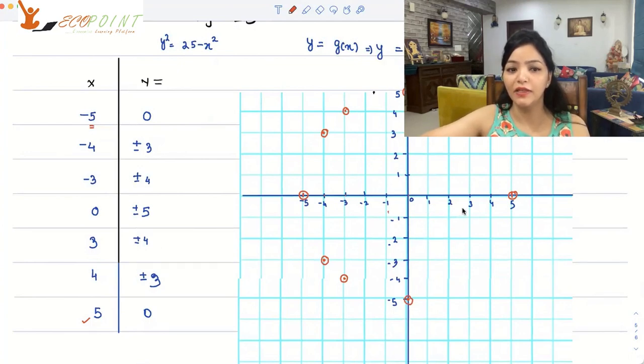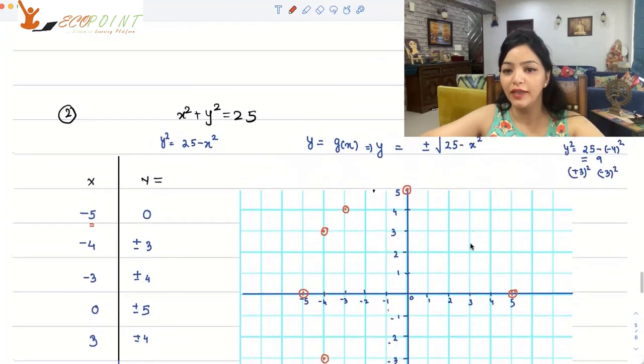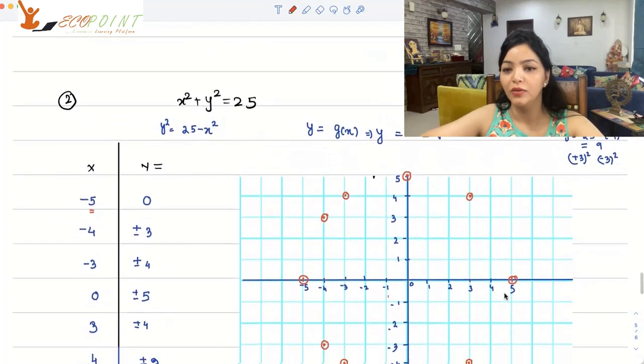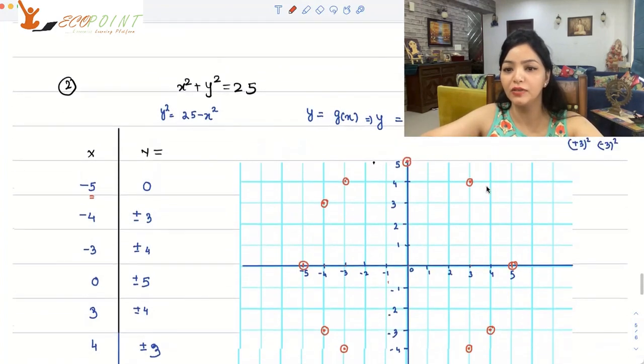Similarly, when we go this side, when x is equal to 3, you are getting plus and minus 4. So minus 4 out here, and plus 4 out here. When x is 4, you're getting minus 3 and plus 3. So minus 3 out here and plus 3 out here.